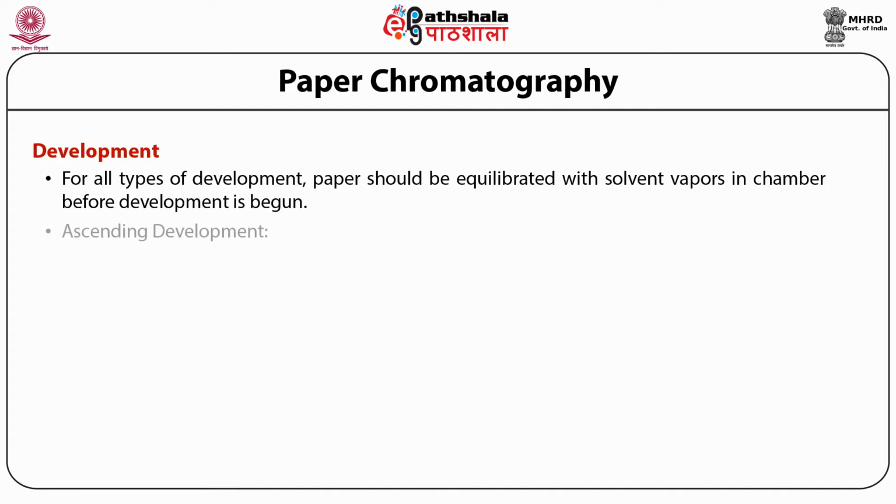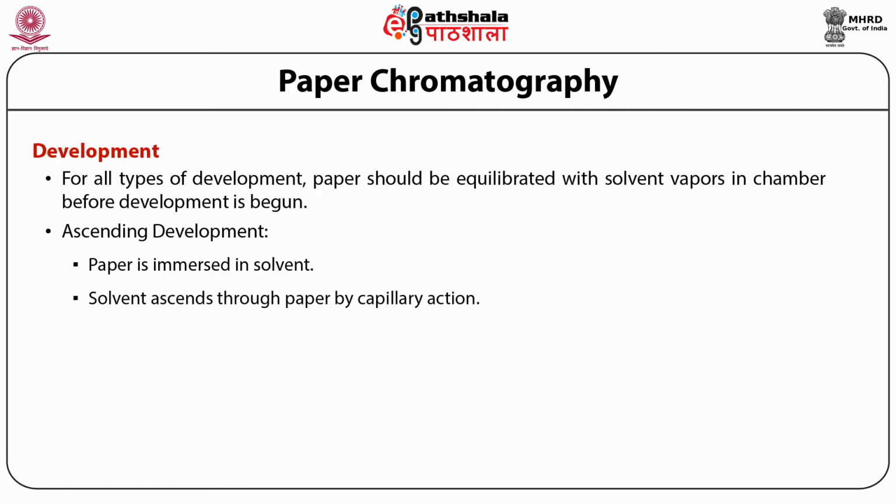Ascending development is the simplest and most popular. The paper is suspended vertically with about an inch immersed in the solvent, and the sample spot initially located about an inch above the surface of the solvent to prevent diffusion of the sample downwards into the solvent reservoir.